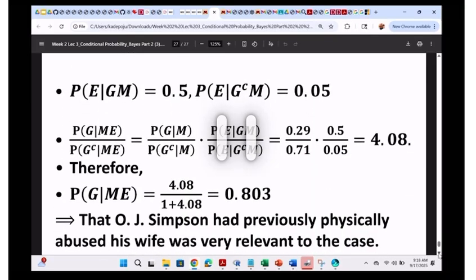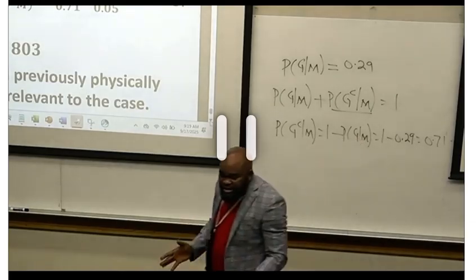Please pay attention. You can see the first one is 0.5. The second one is 0.05. In the first one, the husband is guilty, and in the second, the husband is not guilty, and the woman was murdered by somebody else. Now we have all these statistics.